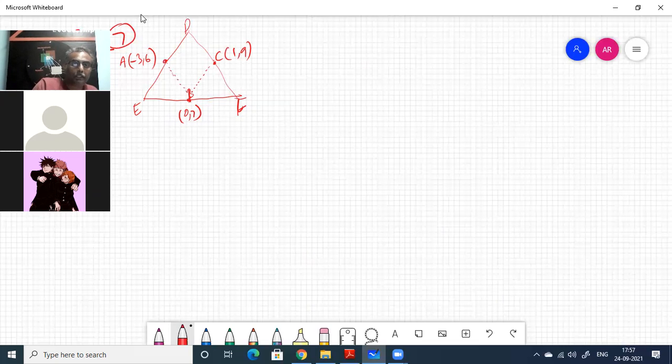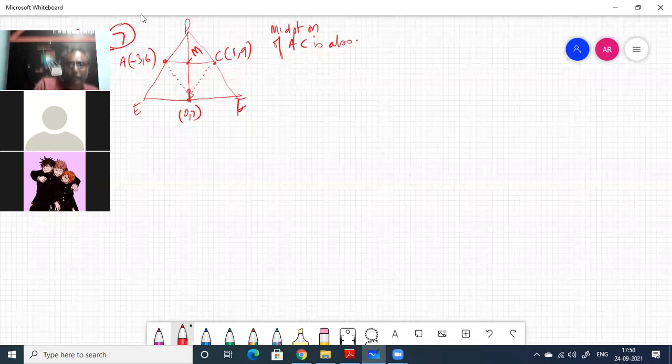Now ABCD is a parallelogram. What do you have to prove? Let us put this point, the midpoint of EF, as M. We have to prove that this midpoint M, which is the midpoint of AC, is also the midpoint of BD.